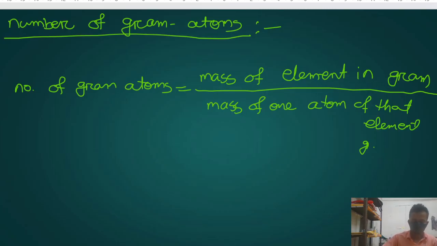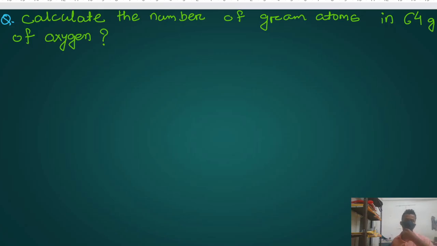We have some questions. Let's go through this. First question is, calculate the number of gram atoms in 64 grams of oxygen. That we have already discussed. Let's do it.